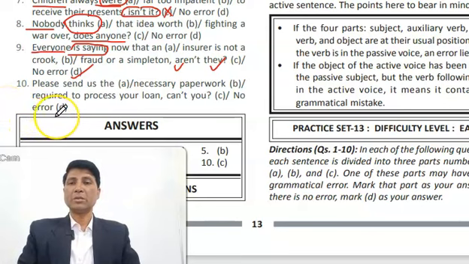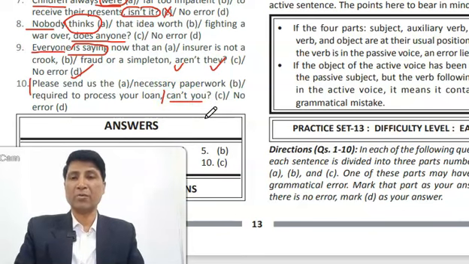Please send us the necessary paperwork required to process your loan. Can't you? Now, here you can see the main statement is an imperative sentence, and the tag is formed by using a modal verb.